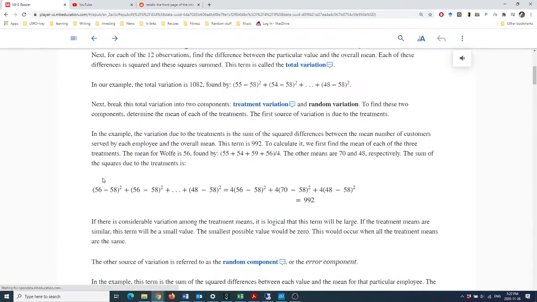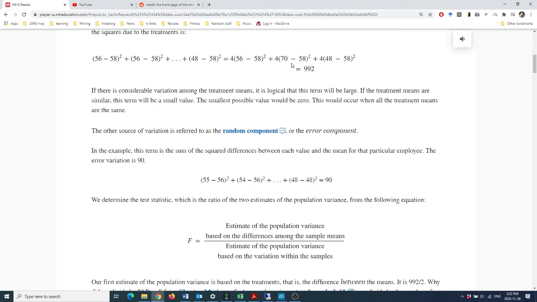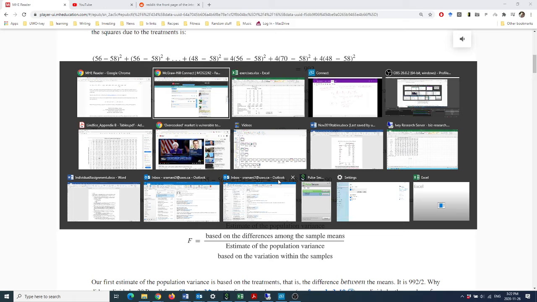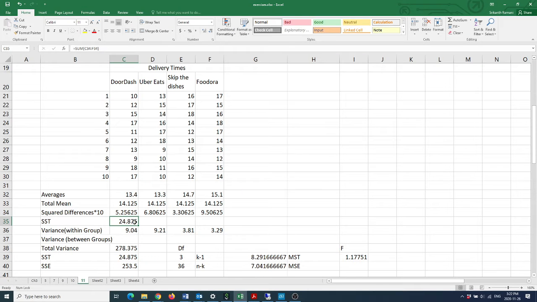The sum of squares of the treatment will be each individual value minus the overall grand total, and the sum of the squares of those deviations will be your sum of squares of the treatment, which in our scenario is 24.85.